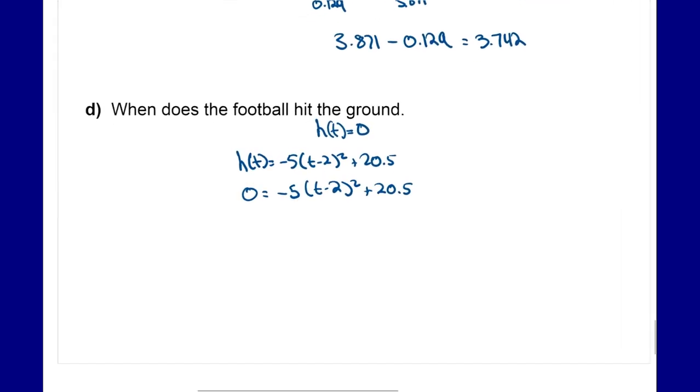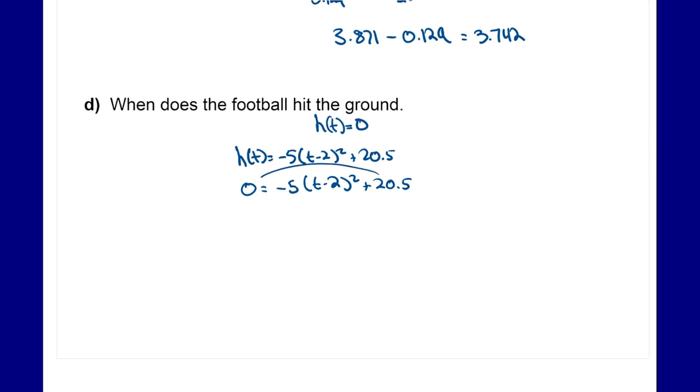So if I rearrange, this 20.5 comes over, becomes -20.5 = -5(t - 2)². Divide by -5 on both sides. One side is going to cancel out. We get 4.1 = (t - 2)².